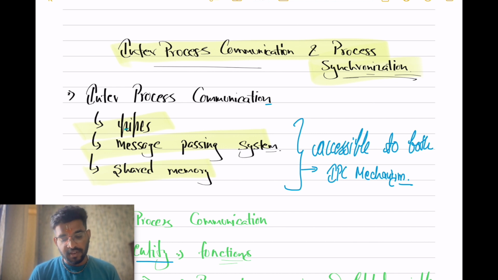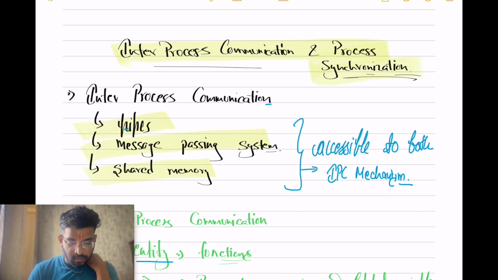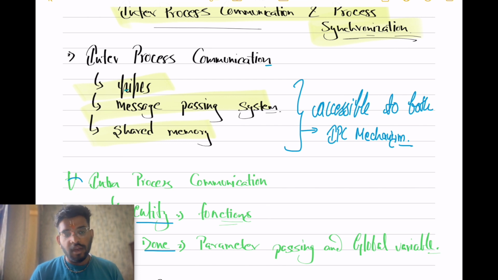While the message passing system is the same as passing a parameter to a function. In both IPC and pipes, there is an actual connection to be made between the two processes in which communication is done.